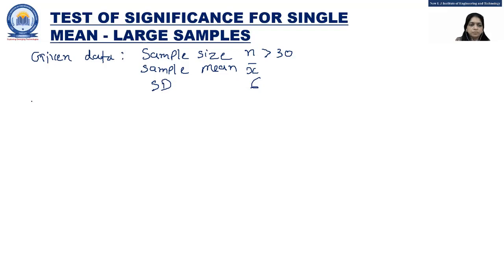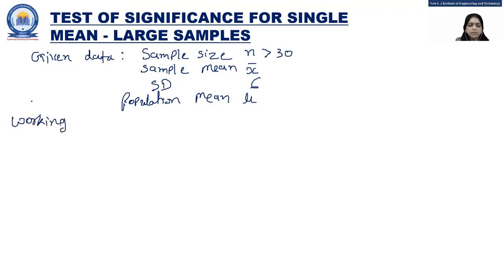We assume, and population mean. So let's start the working rule.